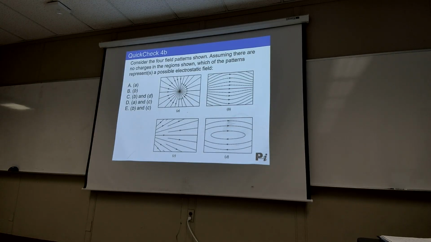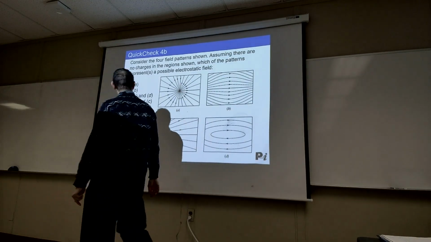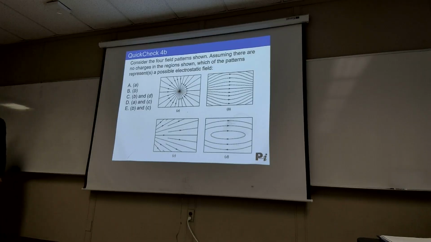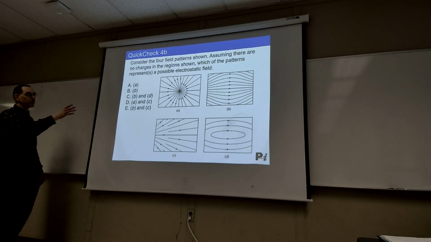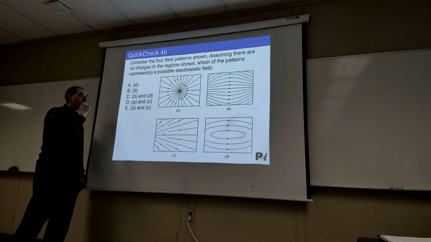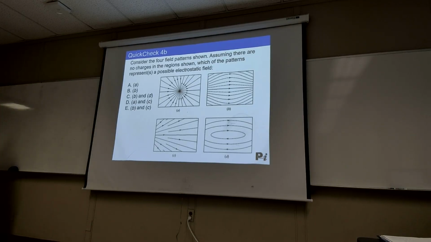All right, I'm going to ask you a question, to see how well you understand. Okay, so here we go. Let's suppose I have these four boxes, each one of which is a field line diagram. Consider these to be four completely independent scenarios, so they're not interacting with each other. The question I want to ask is, which of these patterns represents a possible electrostatic field?